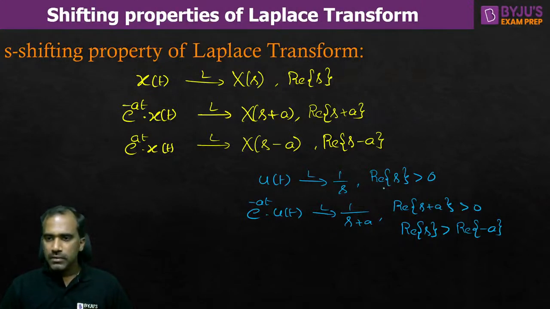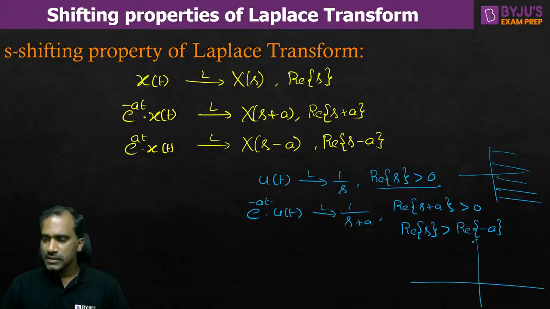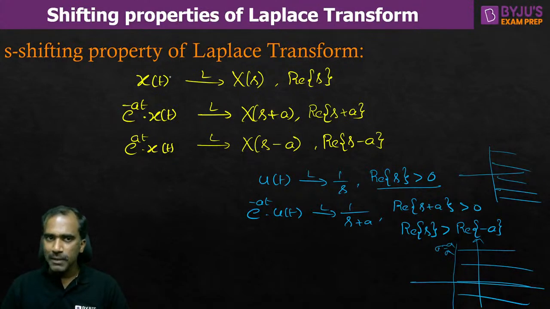Earlier the ROC is real part of S greater than 0, whereas here the ROC is entirely different; this is the sigma equal to A line. Has the ROC shifted or changed when you apply the S shifting property? Definitely the ROC changes when you apply the S shifting property.